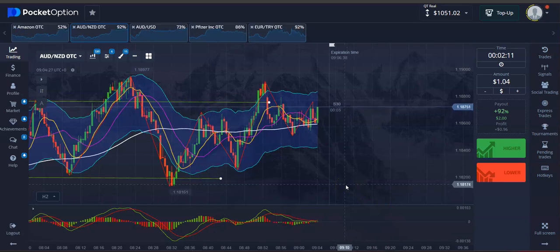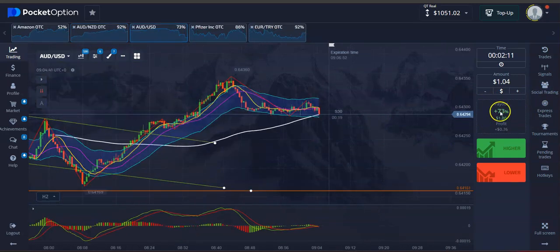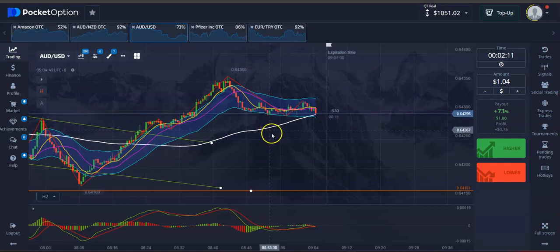Make sure you do your proper analysis before you jump into a trade. OTC will have a higher payout but is riskier. Non-OTC is still risky, but has lower payouts and less chance of being manipulated, because it's regulated and has rules in place.